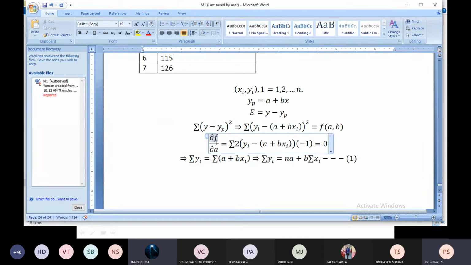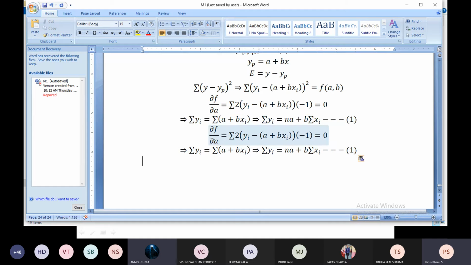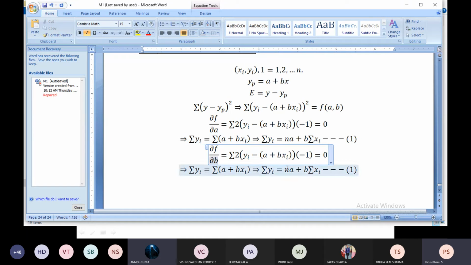Now, similarly, if you go with the partial differential operator with respect to b, what is the resulting answer? Sigma 2 (yi minus (a plus bxi)), and the coefficient of b is xi, which multiplies here. Then take this summation inside. The 2 goes to the right side as minus 2, and 0 by minus 2 is 0.